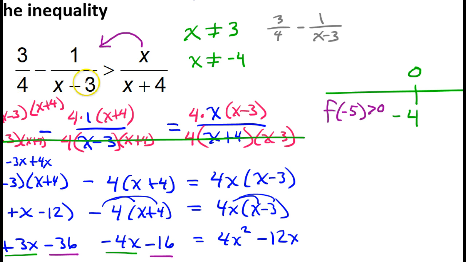Alright, I've just copied that down so far. Now I'm moving this over, and so that's going to be negative x over x plus 4. Now this symbol is still right where it is, so I'm going to have greater than 0.